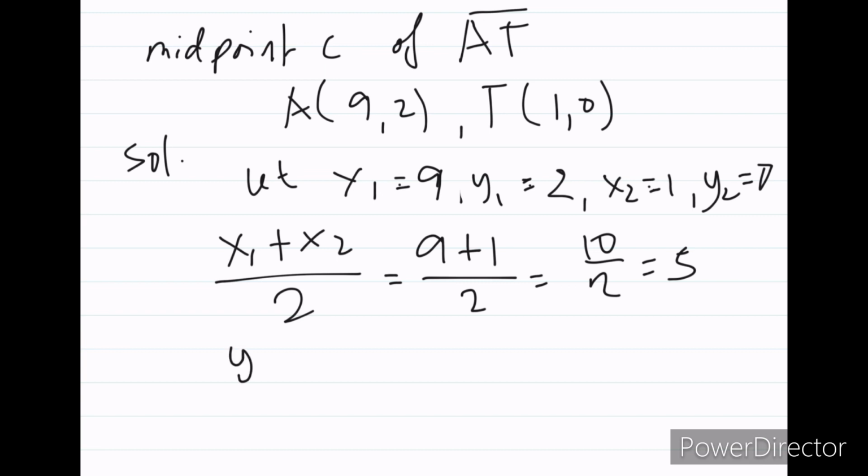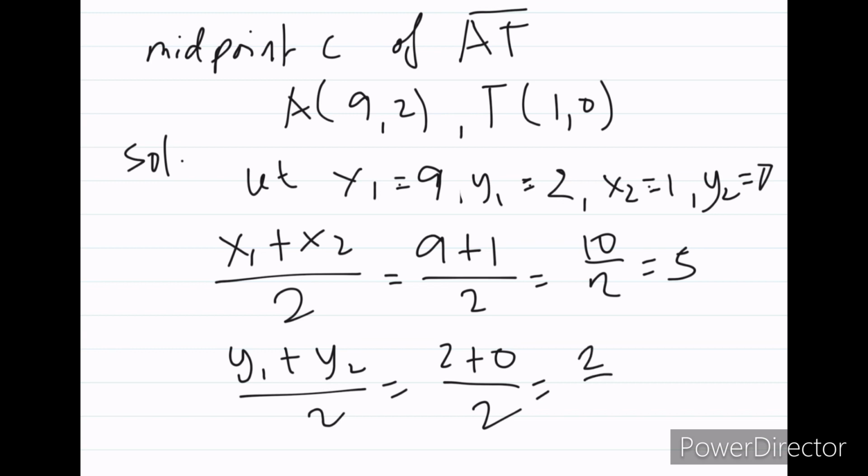And y sub 1 plus y sub 2 over 2 is equal to 2 plus 0 over 2, which is 2 over 2, which is equal to 1. So thus, the midpoint C of AT has the coordinates 5 and 1.